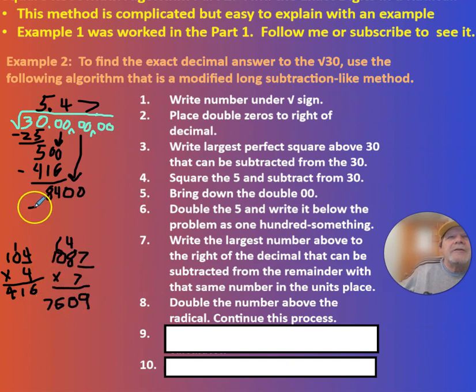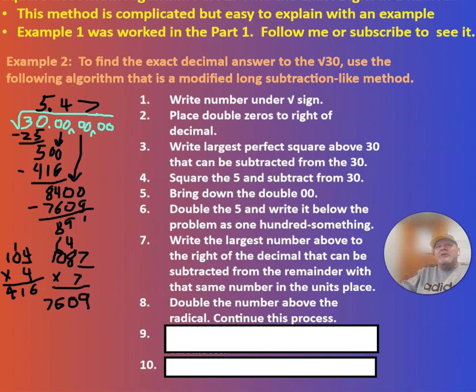So I subtract 7,609. 9 from the 0 I borrow, so that's going to be a 1. This is a 9 here. And we've got an 8 here. We continue this process, but it's going to be 5.47 something.